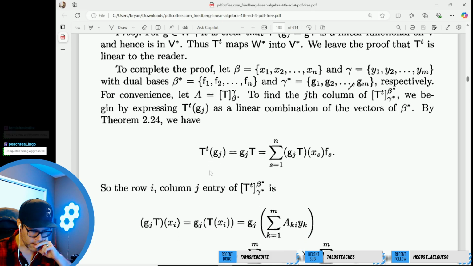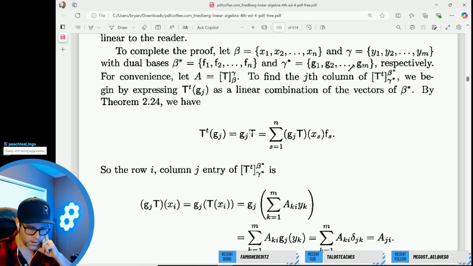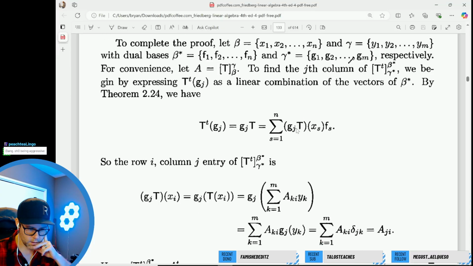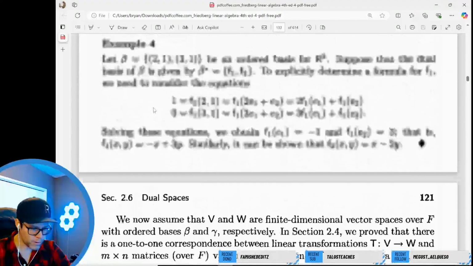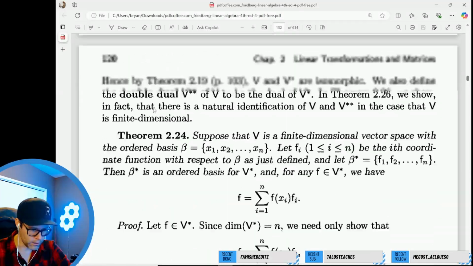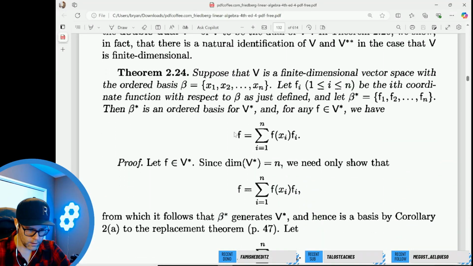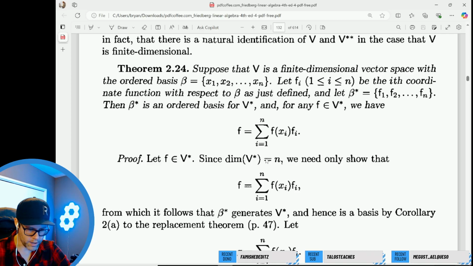Does this make sense? So send it through. This is by definition. And then what are they doing here? Where does that come from? Theorem 2.2.4. What are they doing? They're expressing it as a linear combination. That's what they're doing.